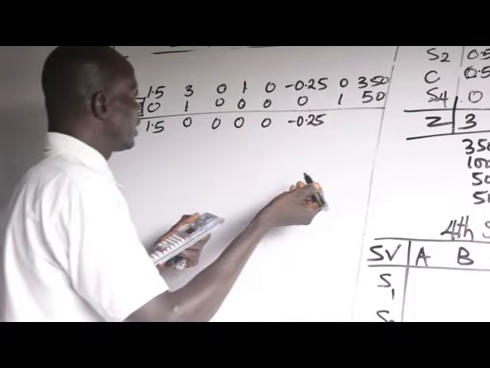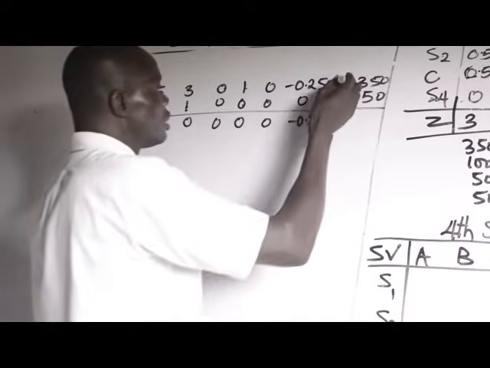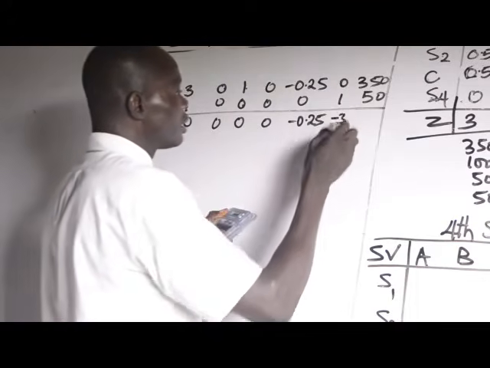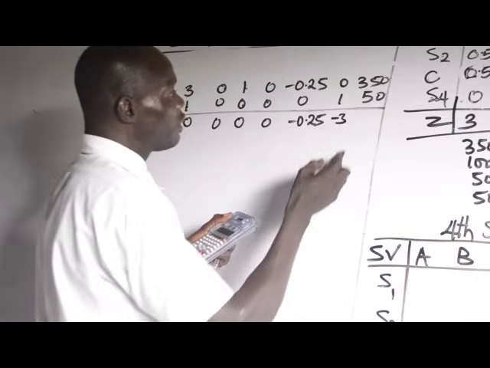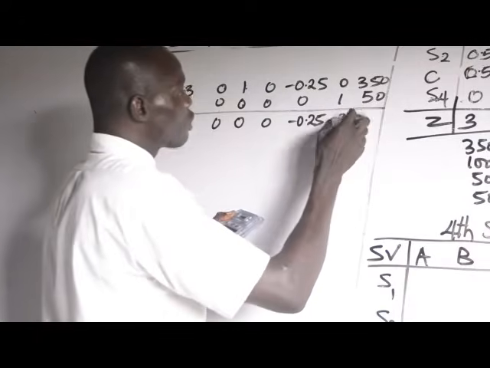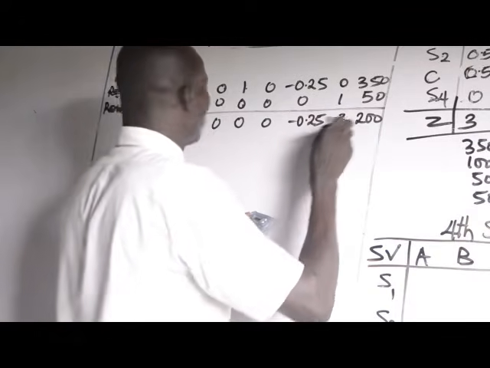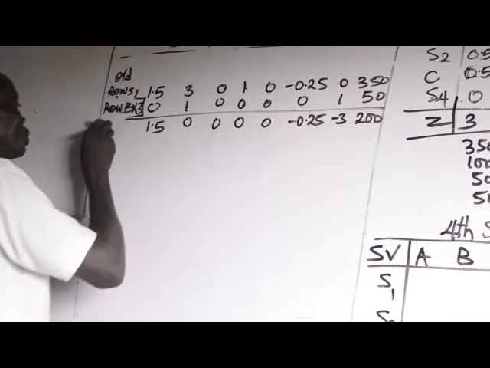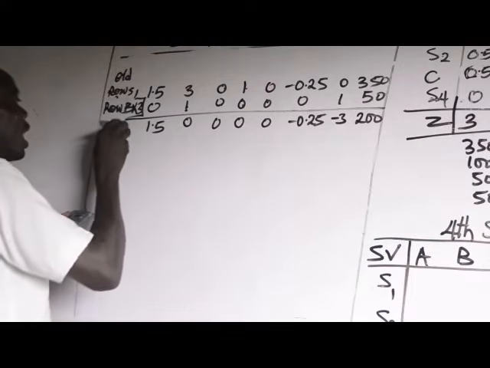3 times 1 will be 3. 0 minus 3 will be minus 3. 3 times 50 will be 150. 350 minus 150 will be 200. So this is the new row S1.